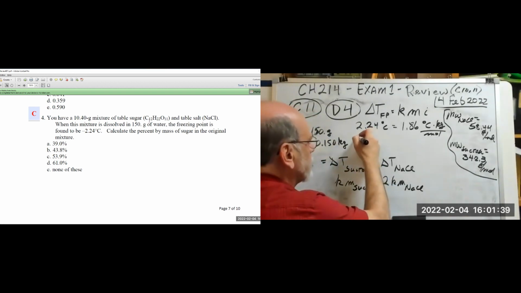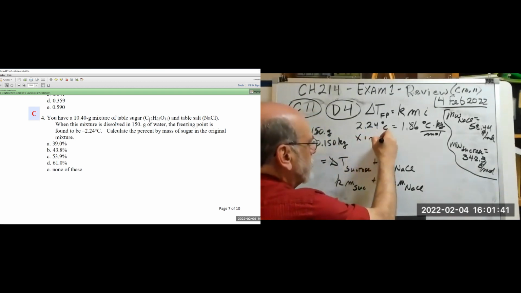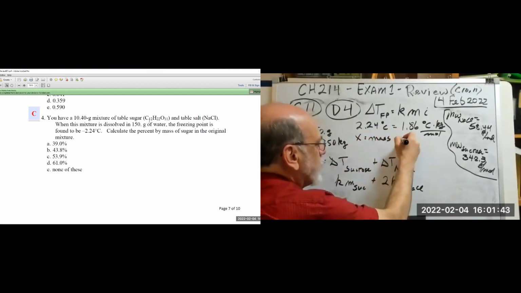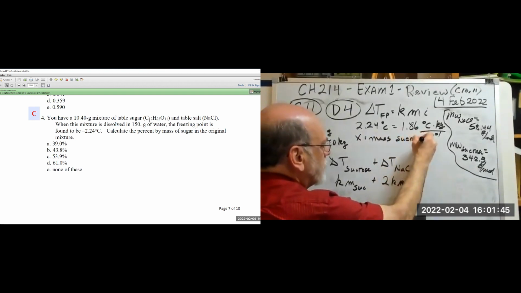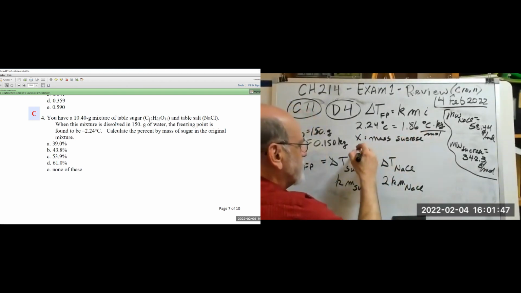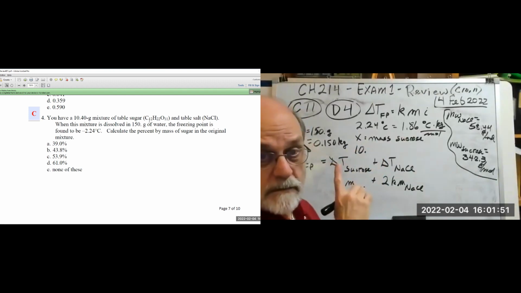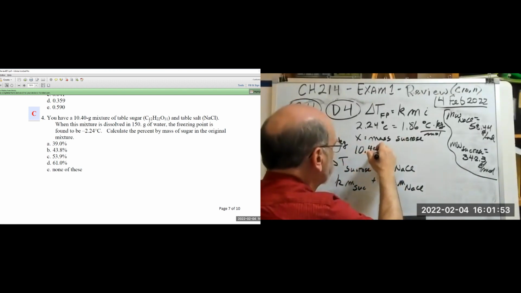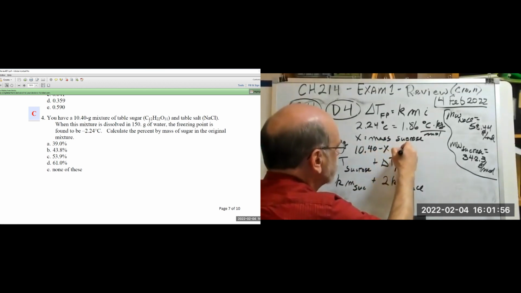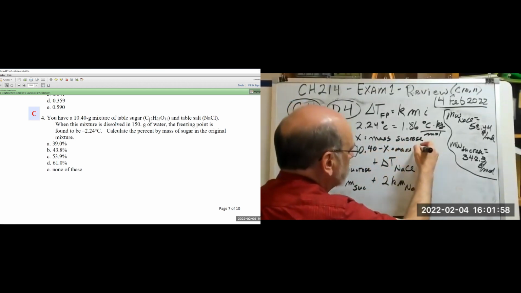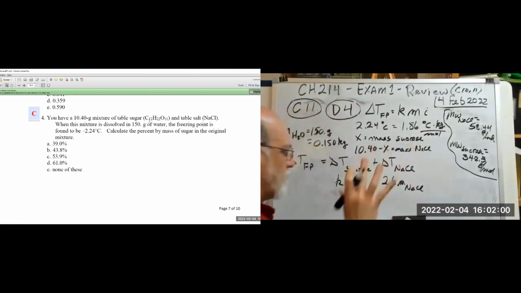If X equals the mass of sucrose, then 10.4 minus X equals the mass of sodium chloride.